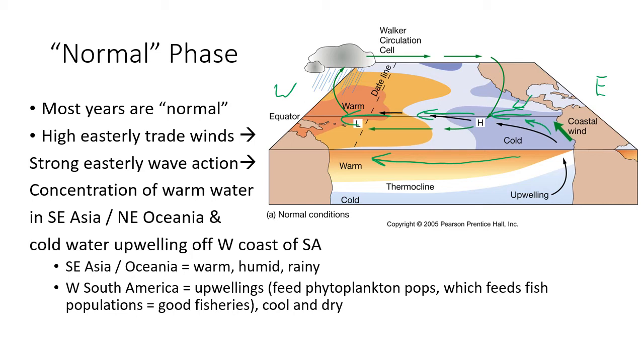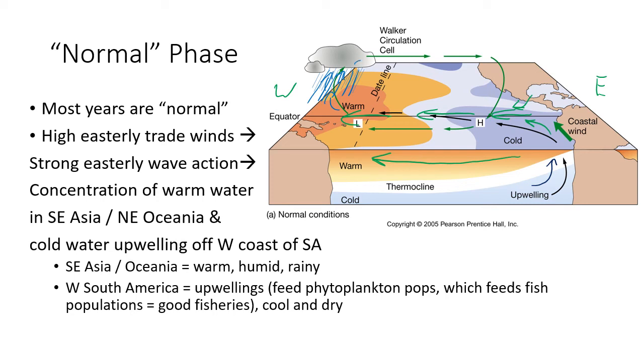Nature doesn't like a void, so to avoid a void, you have an upwelling occur on this side to replace that warm surface water that has been displaced. All of that warm surface water ends up in Southeast Asia and Northeast Australia, and it's going to evaporate, evaporate, evaporate, and it's going to rain down in those regions.